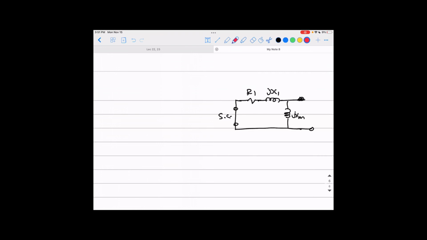Looking from here, R1 and JX1 are in series, and both of them are in parallel with JXM. So Z Thevenin will be JXM in parallel with R1 plus JX1.